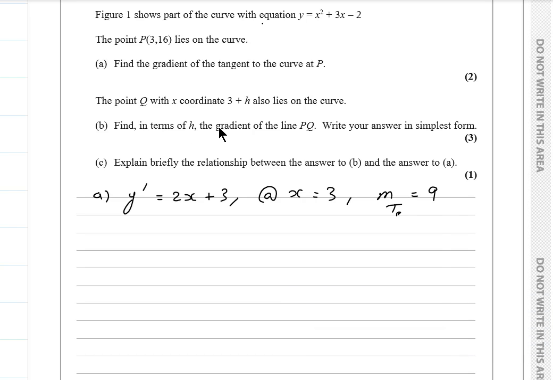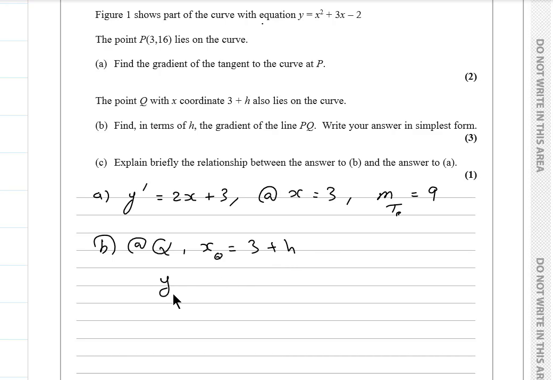Simply, to find the gradient of a line PQ, we need to know the coordinates of point P and point Q, right? Point P is given, but what about Q? We know just the x coordinate of Q. At Q, x equals 3 plus h.